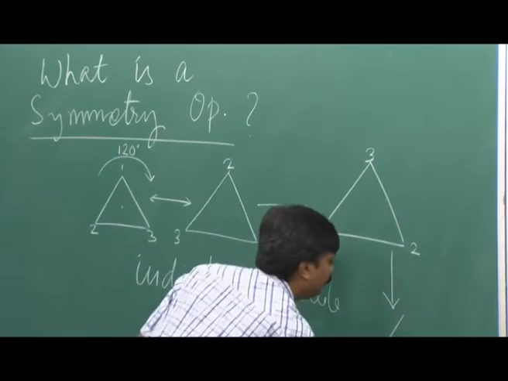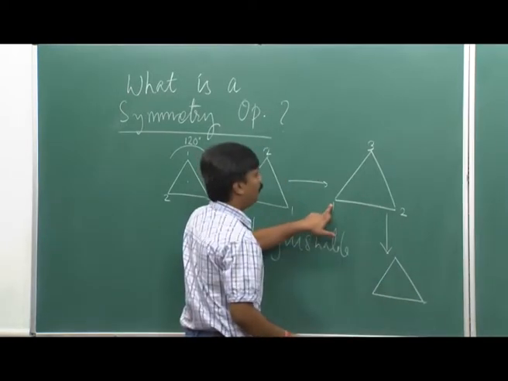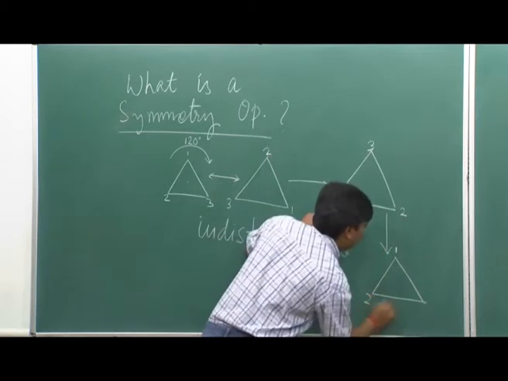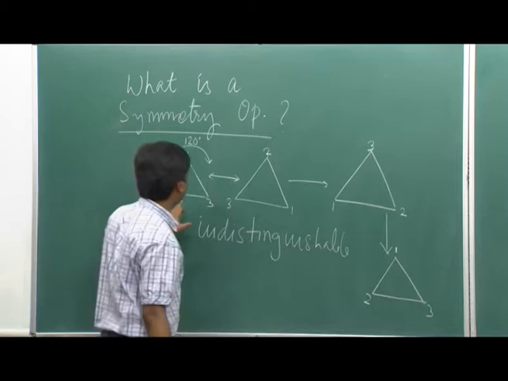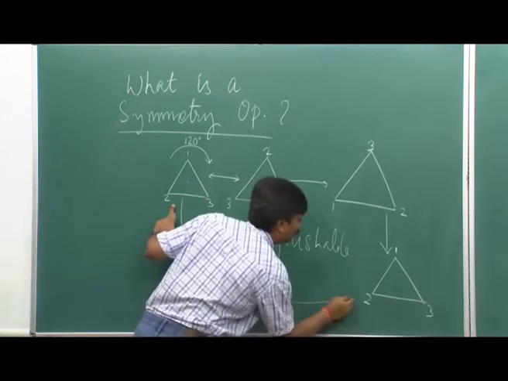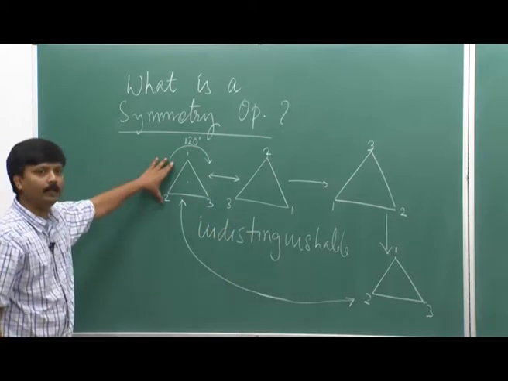Now, if I give one more such rotation, then 2 will come here, 1 will go here, 3 will go here. So I have a configuration like 1 comes here, 3 goes here, 2 comes here, and another such rotation will give me a structure for which 1 is going here. So this is 1, 2 comes here, 3 is here. Now you look at this, the relation between this and this, they are identical.